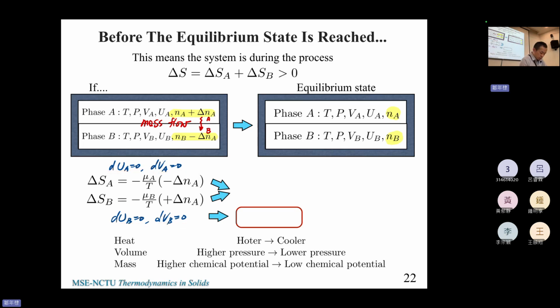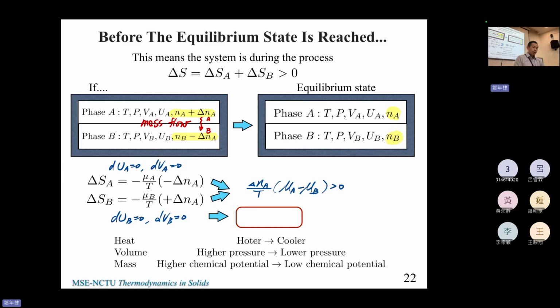Okay. So delta SA and delta SB, sum together, need to become greater than 0. So what will it be? Equal delta NA divided by T, times mu A minus mu B, greater than 0.